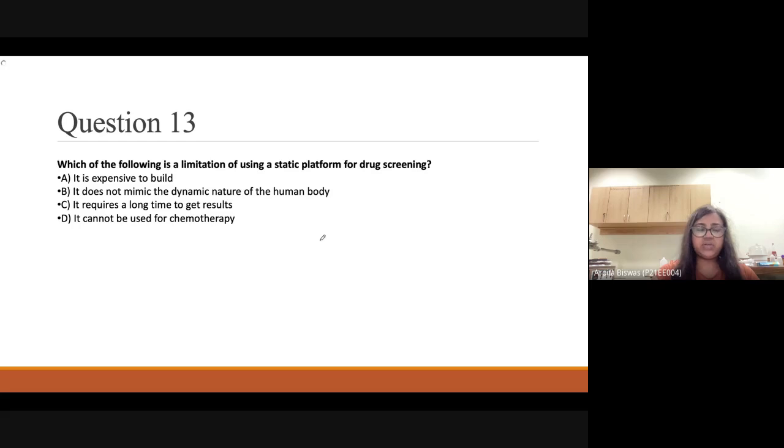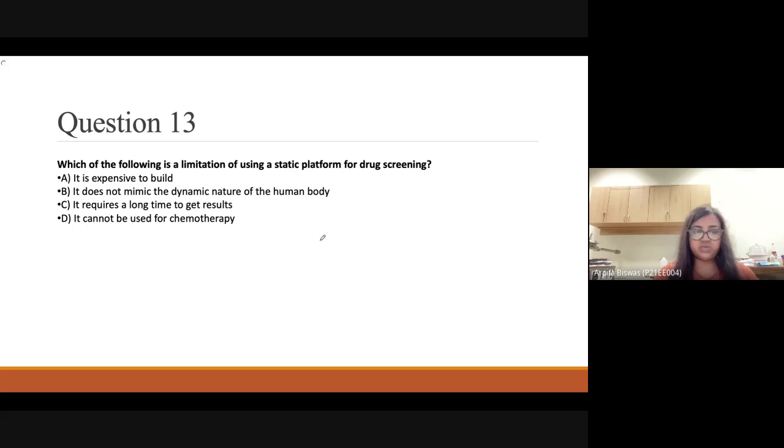Okay. So next, moving to question number 13. Which of the following is a limitation of using the static platform for drug screening? The first option is it is expensive to build. The second option is it does not mimic the dynamic nature of the human body. The third option is it requires a long time to get results. And the fourth option is it cannot be used for chemotherapy.